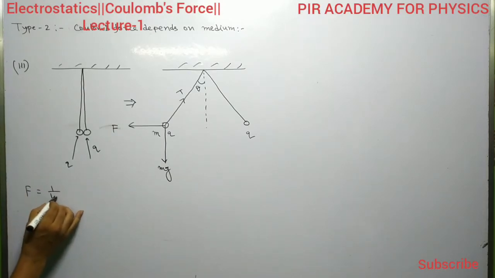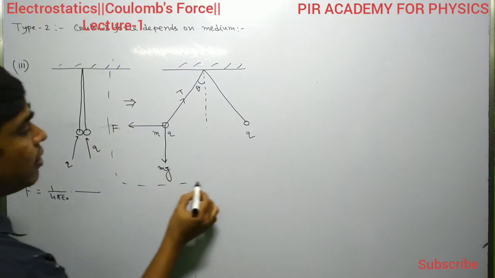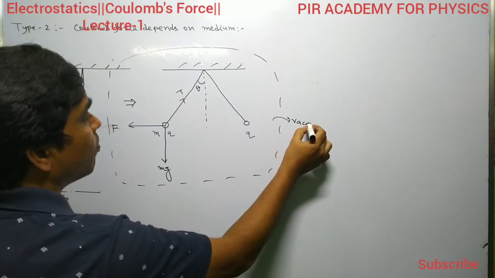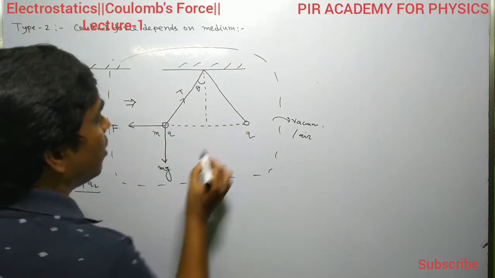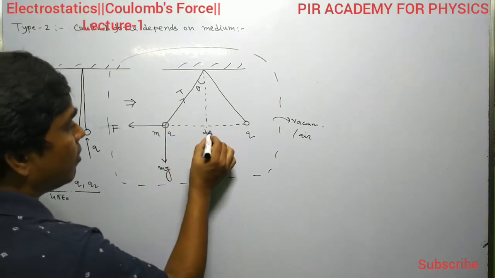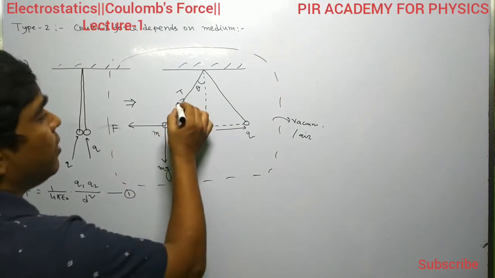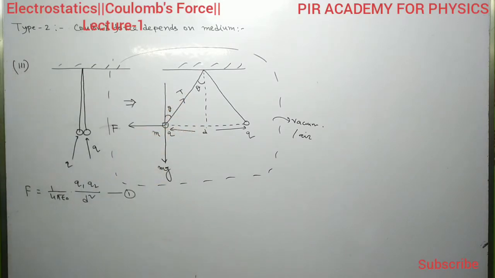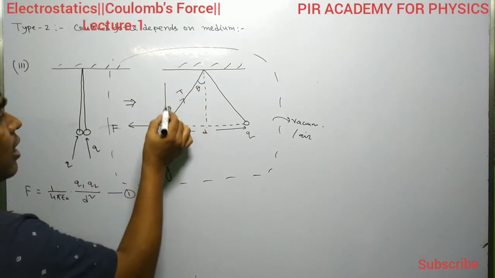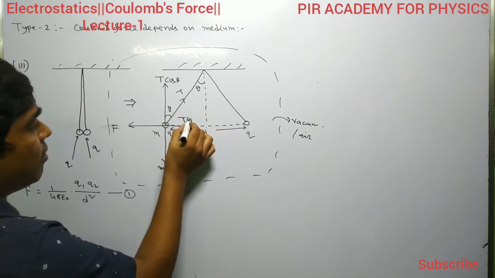F equals 1 by 4 pi epsilon naught q1 q2 by d square, if this system is placed in vacuum or air, where d is the distance between the charges. If T is the tension in the string at angle theta, then resolving it, along this direction it will be T cos theta, and along this direction it will be T sin theta.